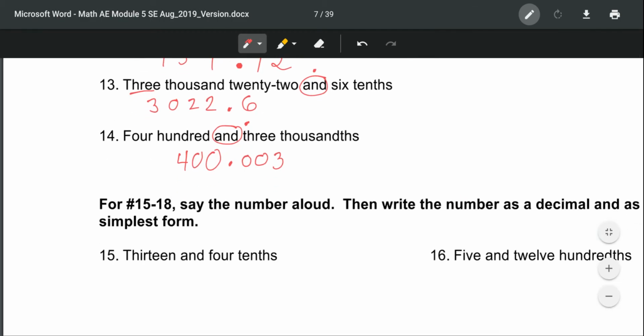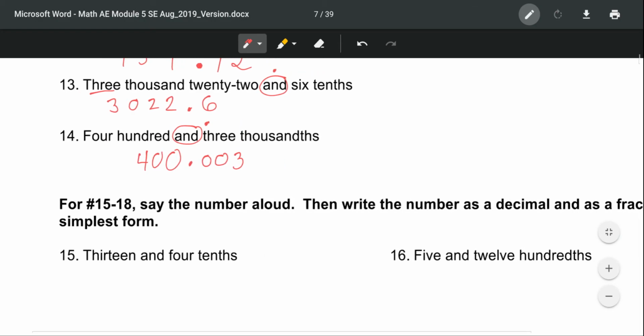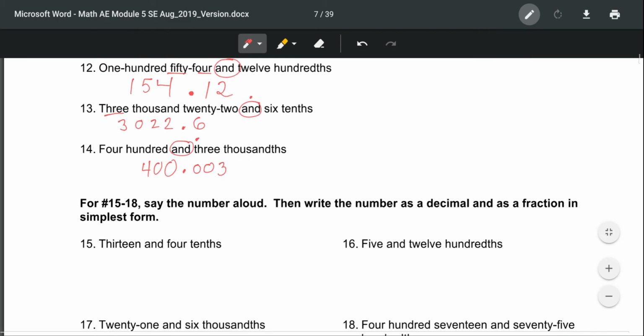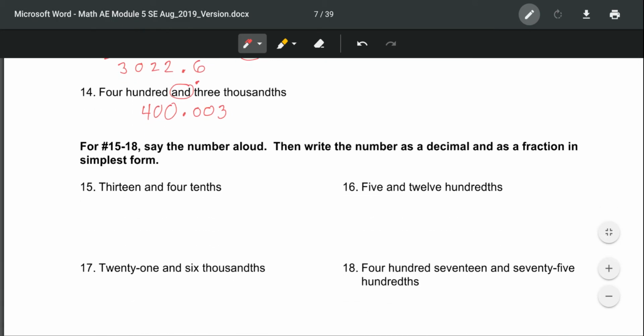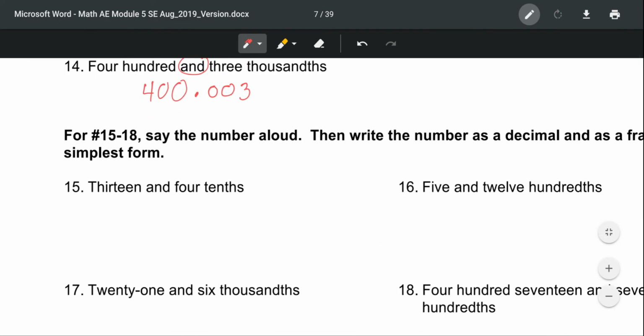Okay, number 15 says to say the number out loud, then write the number as a decimal and as a fraction in simplest form. So 13 and 4 tenths. So 13, and means your decimal point. Then 4 tenths is the digit right after the decimal point, so you write 4 in the tenths place.